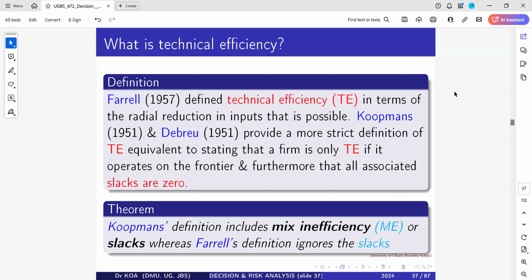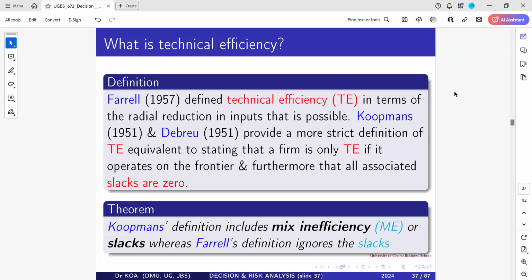Now, B is efficient like A. But B is using lesser input for one of the inputs. For the other input, B is using the same input.